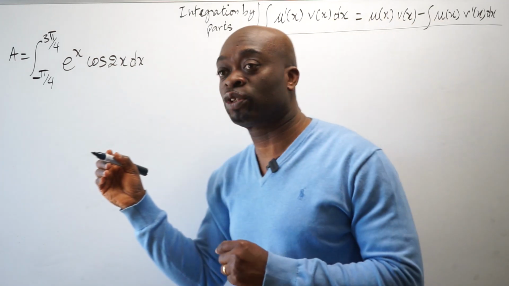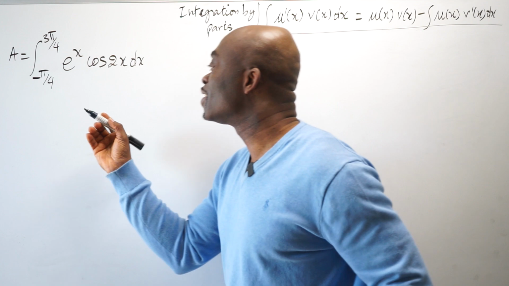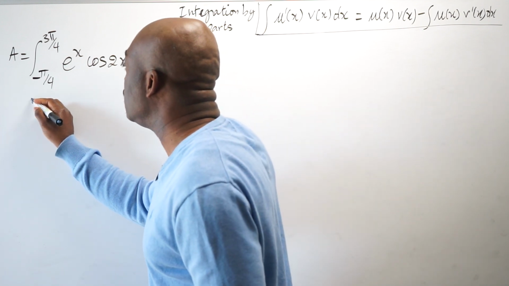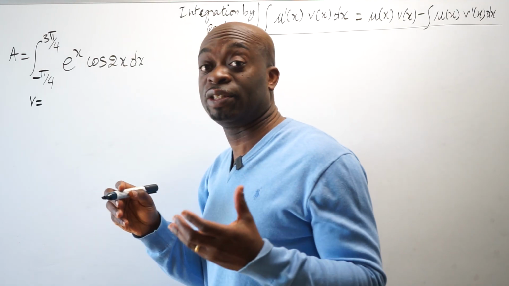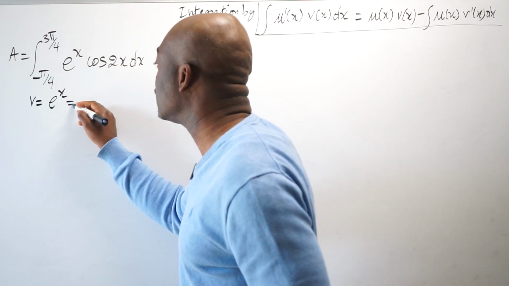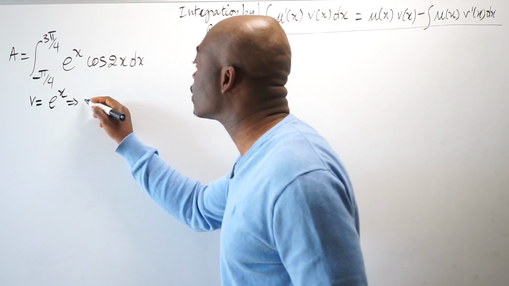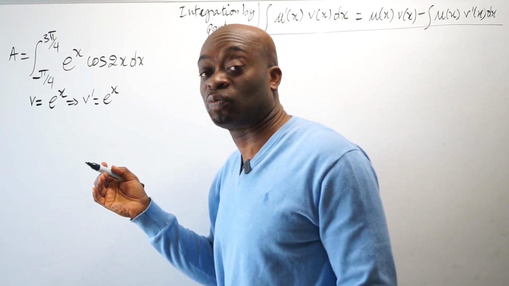The first thing we have to do is determine our v and our u prime. Our v is always going to be the function that will be easy to differentiate, so we're going to use exponential x in this case. The v prime is going to give us also exponential x.